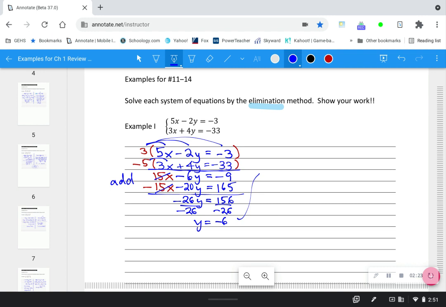Now you're going to substitute that into the first equation, so I'm going to copy that first equation again. And I'm going to put the value of y in on the next line. We know y is now negative 6. A little bit of solving here.